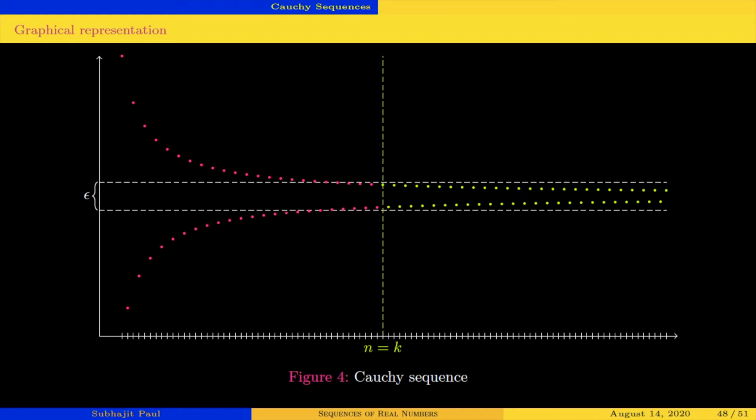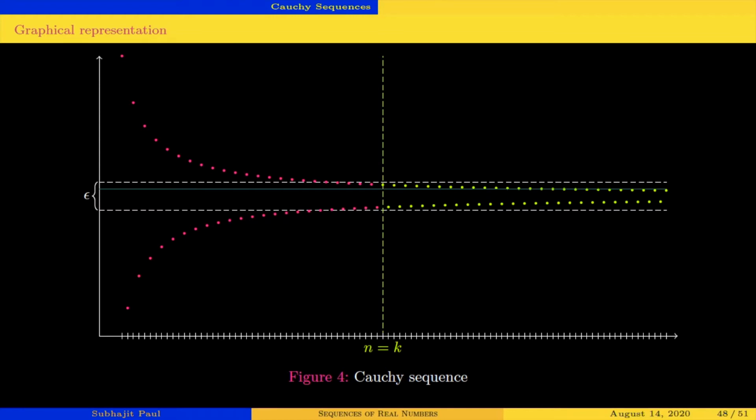Now the thing is, it does not talk about the limit. I do not know whether this value will be the limit, or this value, or this value. I do not know which value will be the limit. Cauchy sequence does not talk about the limit.